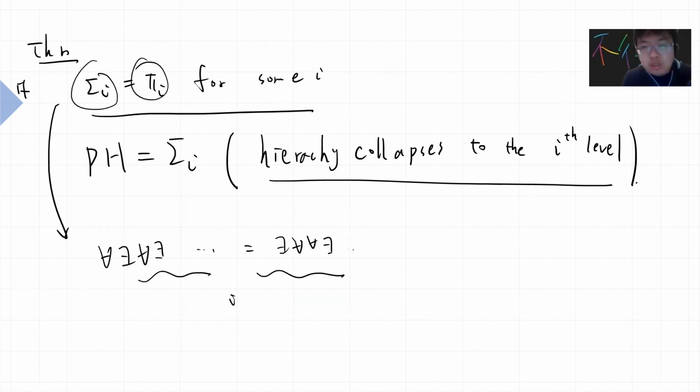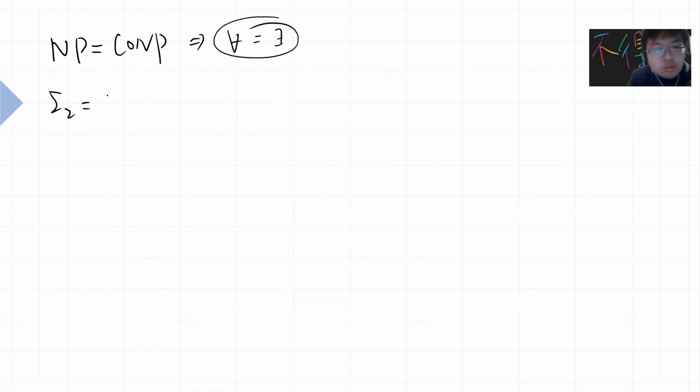Maybe it's not easy to understand, so let me give a simple example. Let's say NP is the same as coNP, which means for-all can be replaced by exists. Then what is sigma 2? Sigma 2 is exists-for-all P, which I can replace by exists P, so it's NP.